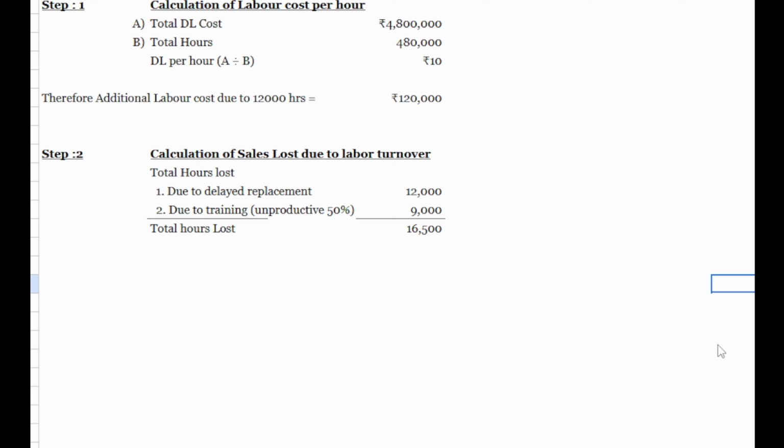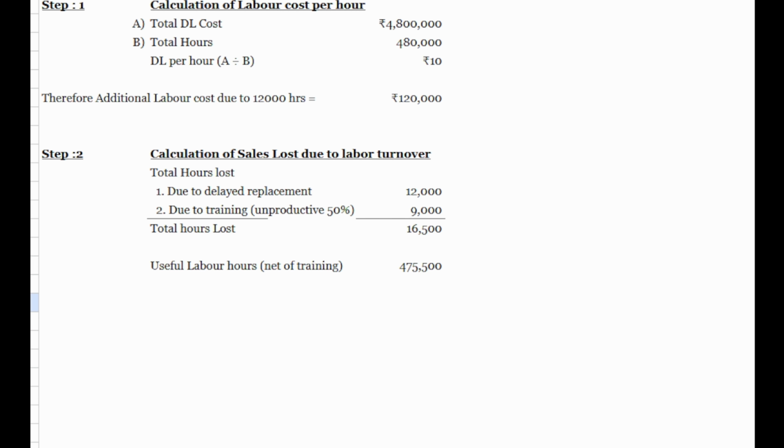This gives the total hours lost, which is 16,500 hours. In the total hours, which was 4,80,000 hours, another 50% of the training hours is not useful. So the actual hours used by production net of training is 4,75,500. You have to subtract 4,500, which is half of 9,000, from the actual hours. So you will get 4,75,500 hours.